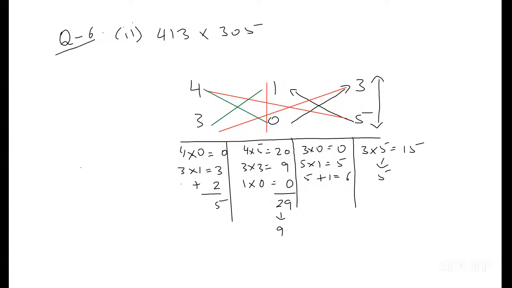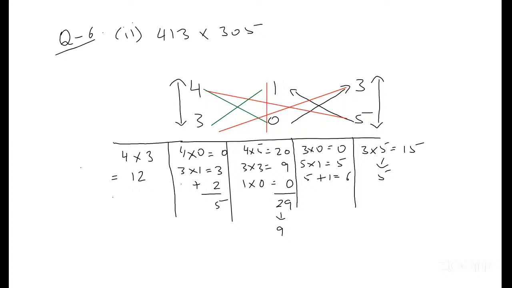Then the last part, we will multiply top and bottom. Here 4 times 3, 12.